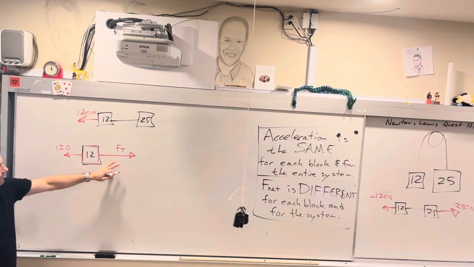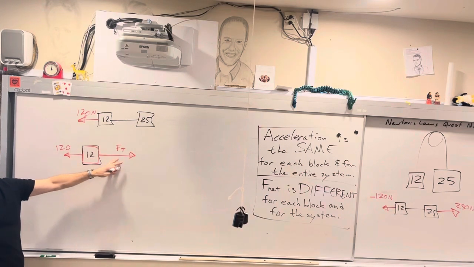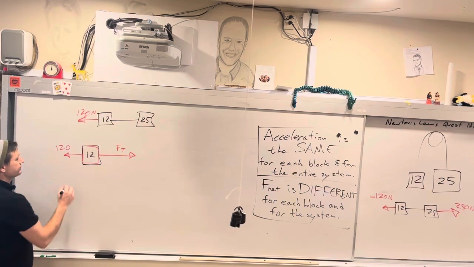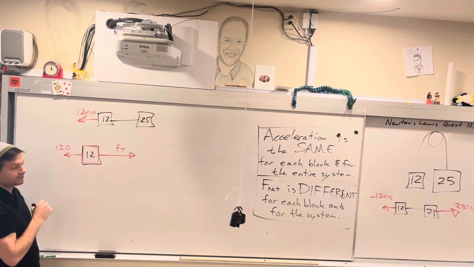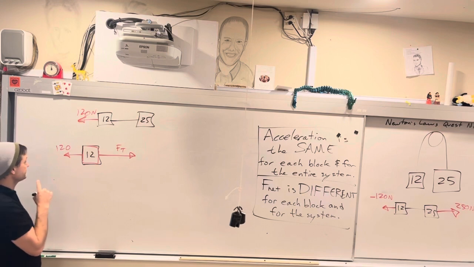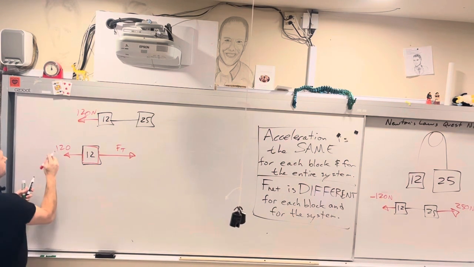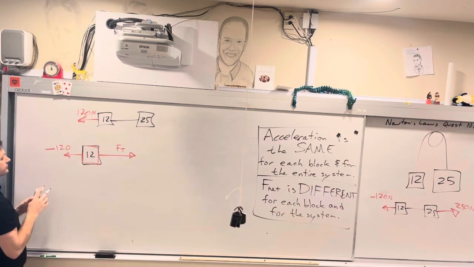How can we find this tension force acting on this block? Omar, you got an idea? Yeah, we can use the acceleration as the negative acceleration because it's accelerating. Is it a negative acceleration? Well, if we're saying the 120 is down and it's positive. Oh, this is negative, isn't it? Oh, okay. Yeah. Then it's a positive acceleration. Good.